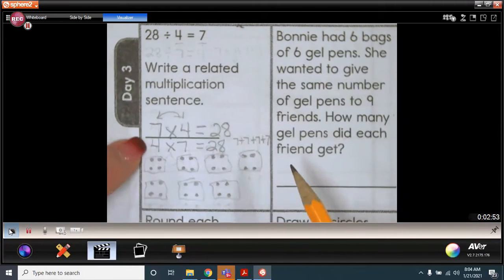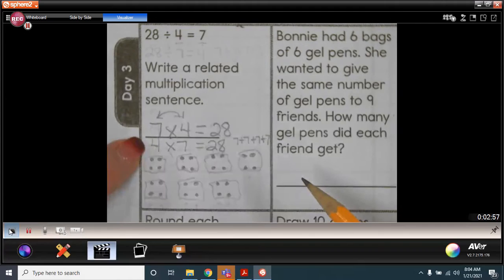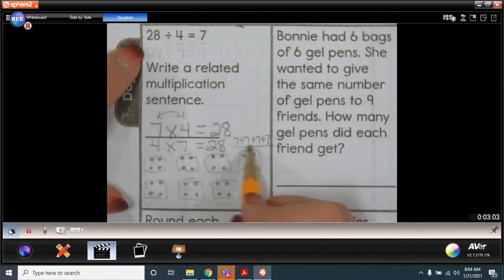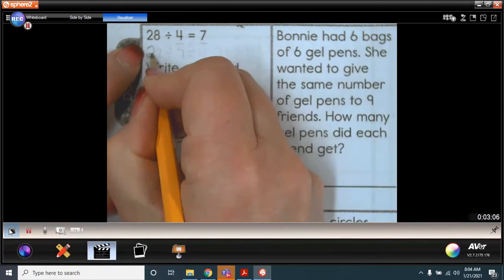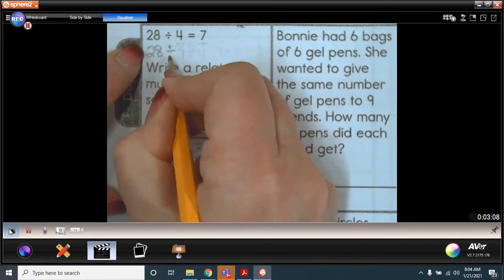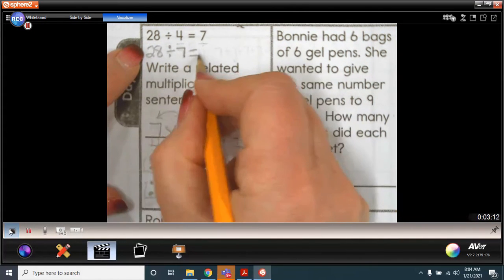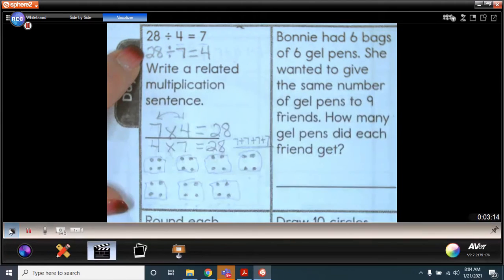So no matter how we switch our factors, it's still going to be a total of 28 objects once we put them all together. Now, another division fact, using what we know here, we could say, I can take 28, put groups of 7 together, and I would have 4 groups of 7.